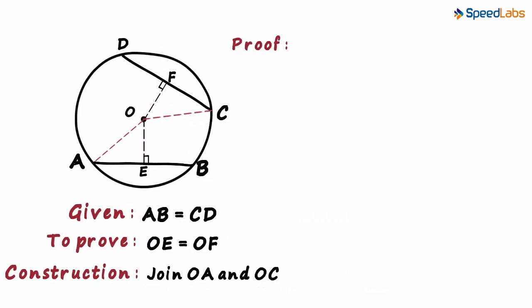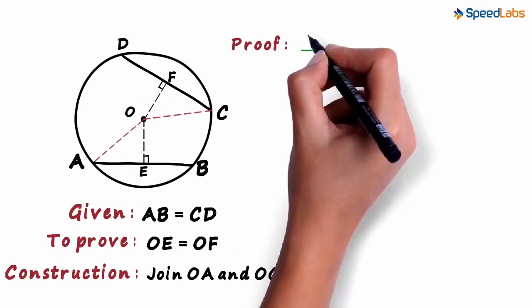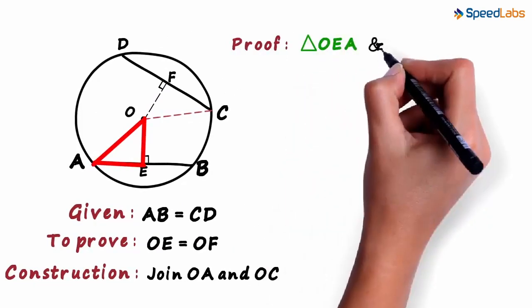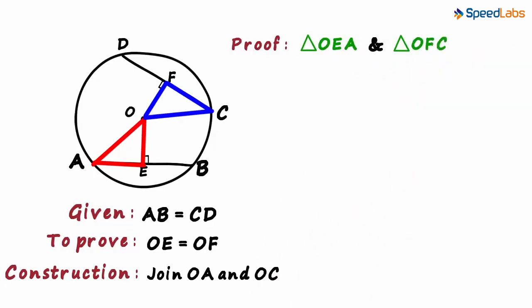Let's get to the proof now. We look at triangle OEA and triangle OFC. Both the triangles are right triangles, and guess what? The hypotenuse of both the triangles are also equal as they are the radii. So it's very likely we will be using the right triangle hypotenuse side condition to prove the triangles congruent.